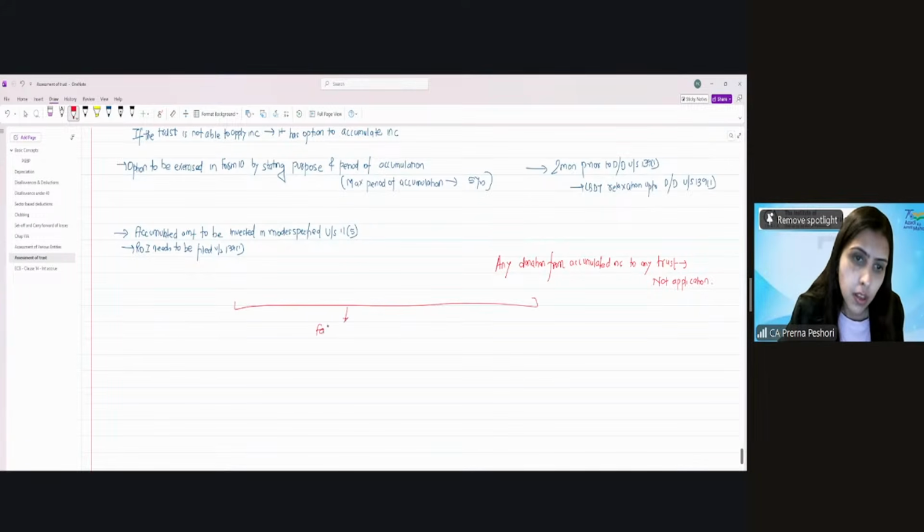Failure to satisfy conditions of the accumulation. What kind of condition?